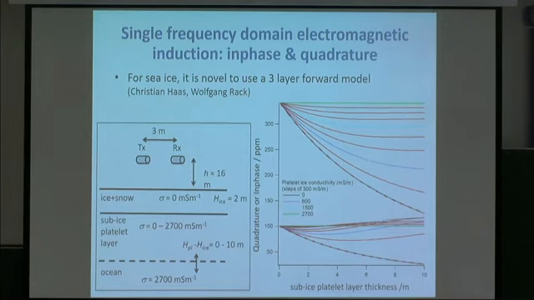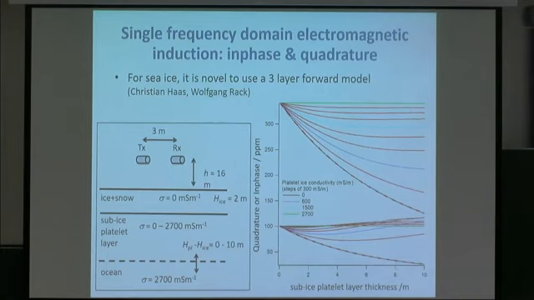And what's on the right hand side is the predicted forward model of the quadrature and in-phase measurements for 2 meters thick sea ice, snow plus ice, as a function of sub-ice platelet layer thickness.